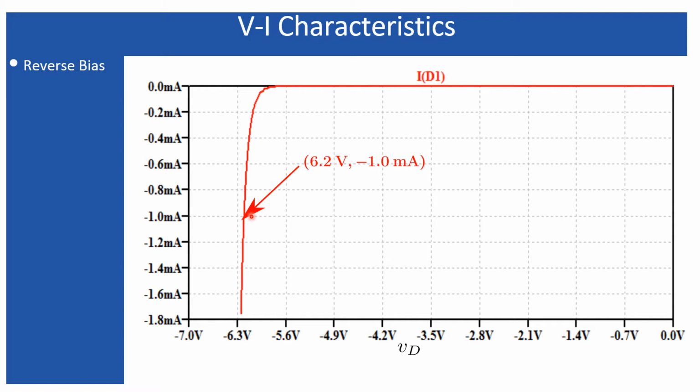In this case also we consider the breakdown voltage as that voltage when the reverse bias current attains minus 1 milliampere, and the simulation result shows the exact value of the SPICE model.